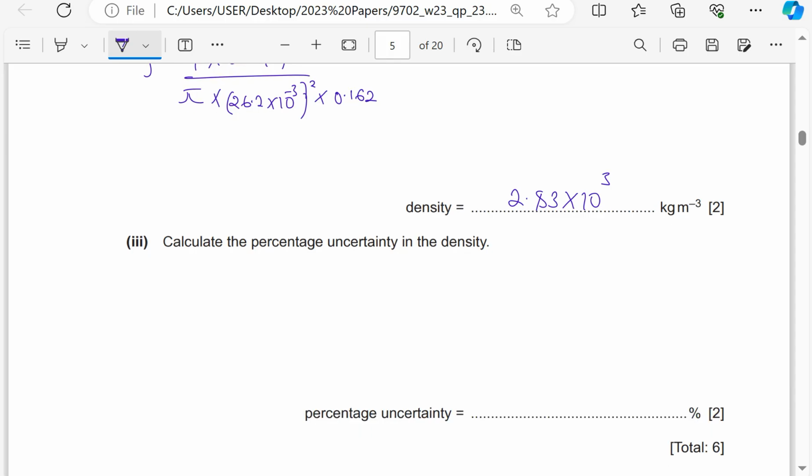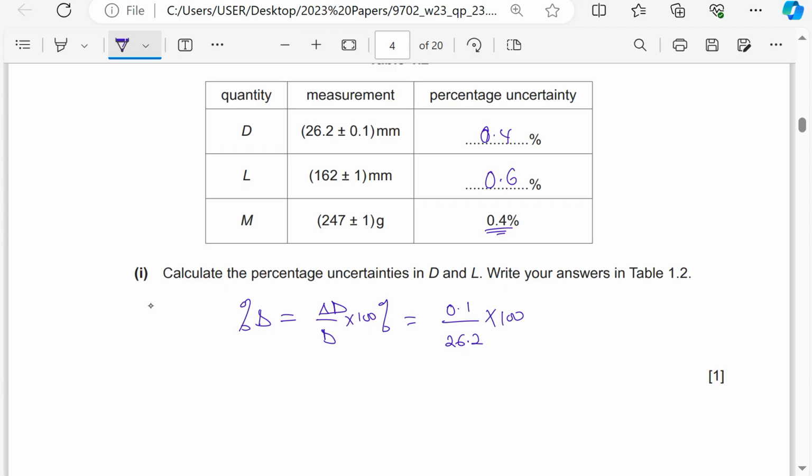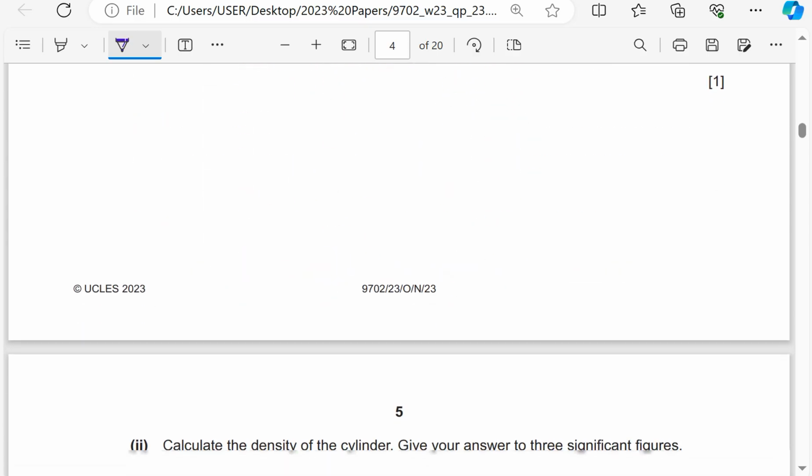Then percentage uncertainty, since the density is equal to 4m over pi d squared L, I'll ignore 4 and pi because they are constants. So it means the percentage uncertainty in density will be equal to the percentage uncertainty in m plus, because d is squared, we shall multiply the power 2 by the percentage uncertainty in d, then plus the percentage uncertainty in L. From our table, M is 0.4, L is 0.6, D is 0.4.